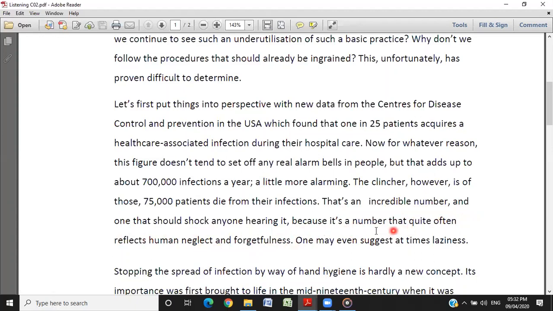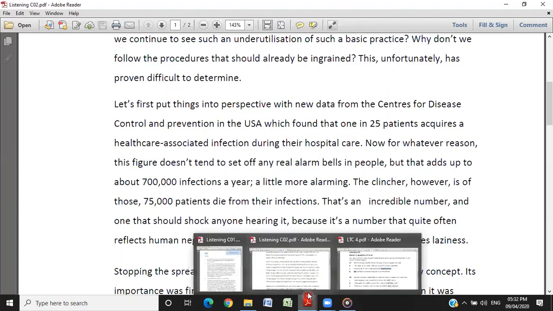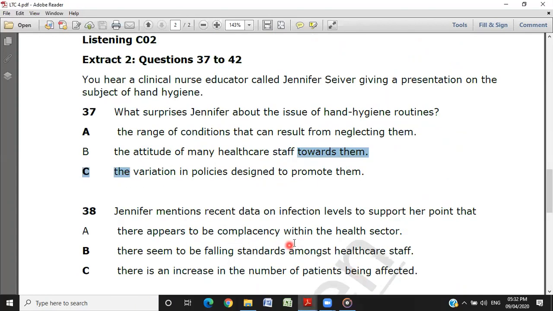So this also tells you that she is giving out this number to show how human neglect and forgetfulness is resulting in so many infections and deaths. The purpose why she was using this is to show how healthcare professionals are negligent towards these numbers. So complacency, A, is the correct answer here. There appears to be complacency within the health sector.